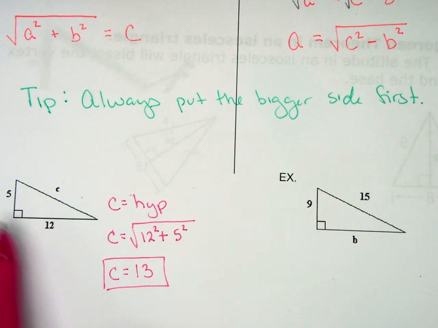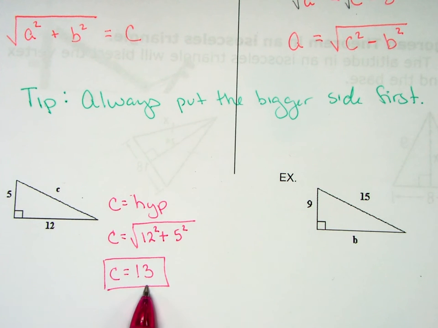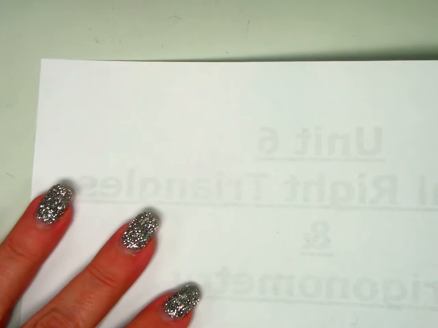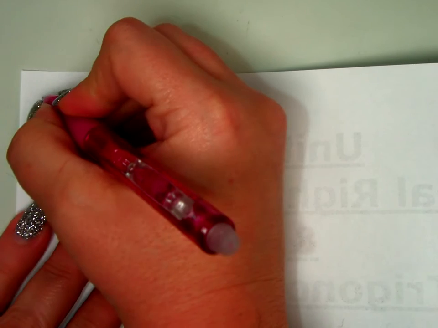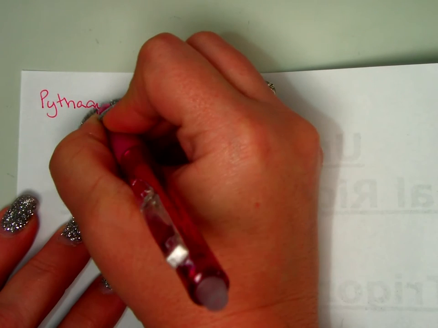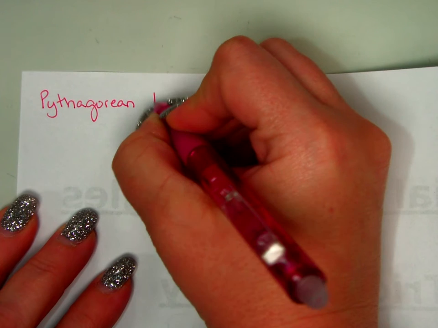Okay. When you get a whole number like this, 5, 12, and 13, if those three sides all make a triangle, that's called a Pythagorean triple. So just as some extra bonus notes over here on the back cover of my thing, I'm going to put Pythagorean triple.